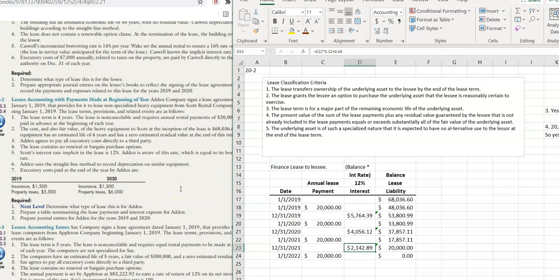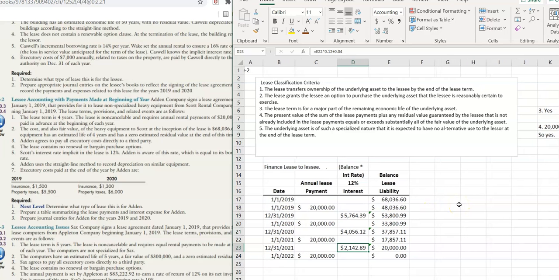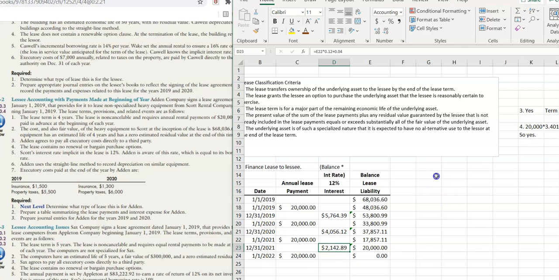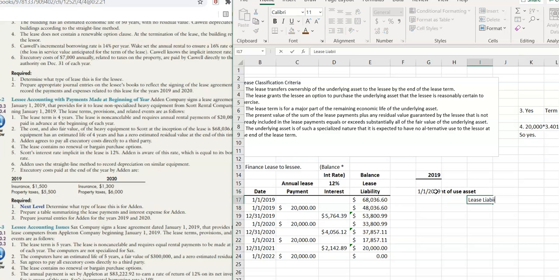Prepare the entries for Adden for the years 2019 and 2020. Okay, so actually what I'm going to do is I'm going to come over here and do them where we can see our table. So first off, we bought the asset. So we're going to have the right of use asset and a lease liability.